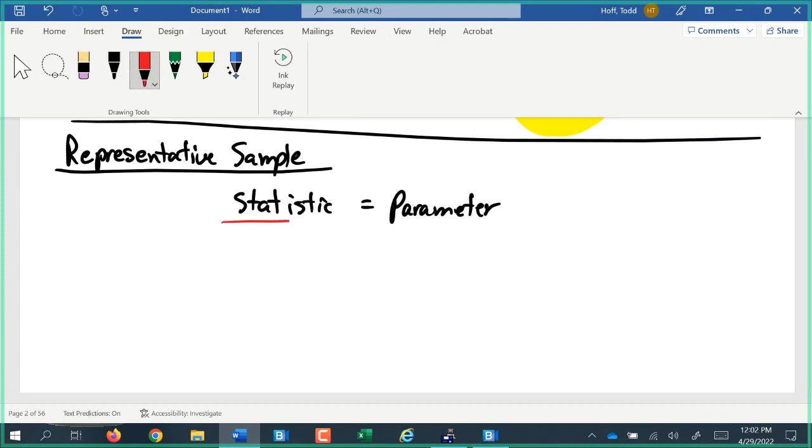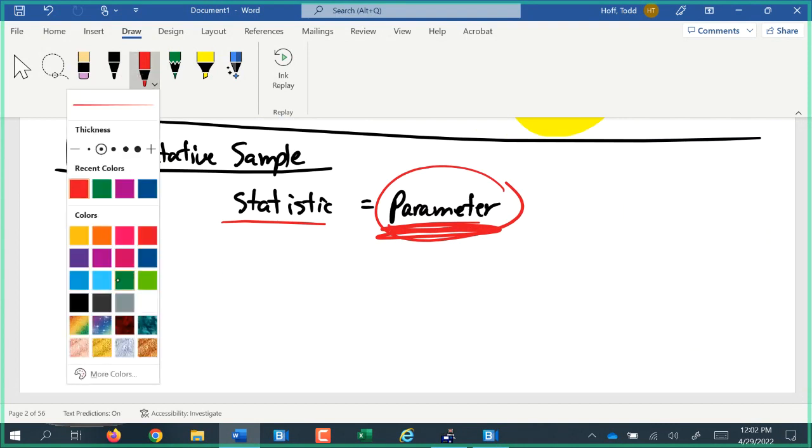Well, the problem with this is we don't know the population parameters. If we knew the population parameter, then there's no reason to take a sample, because the reason we're taking the sample and gathering the information is we want to estimate that population parameter. So we never truly know if our sample is representative or not.